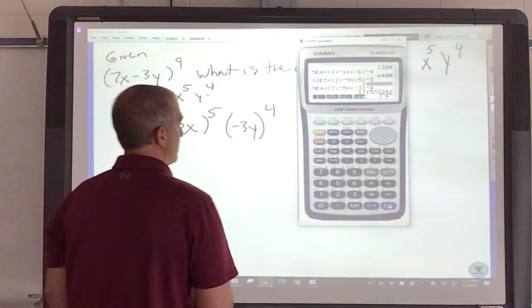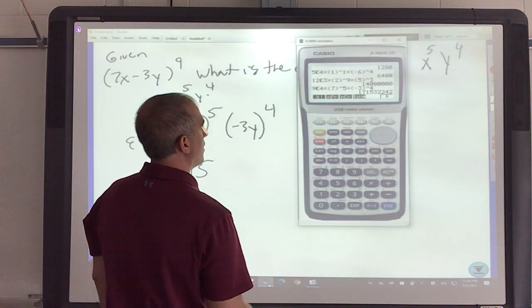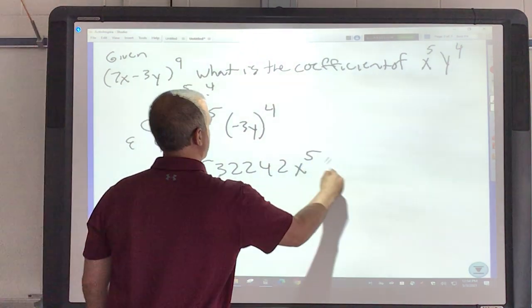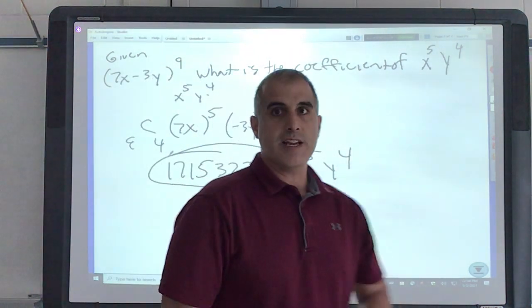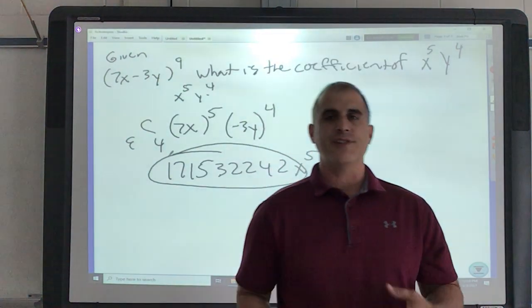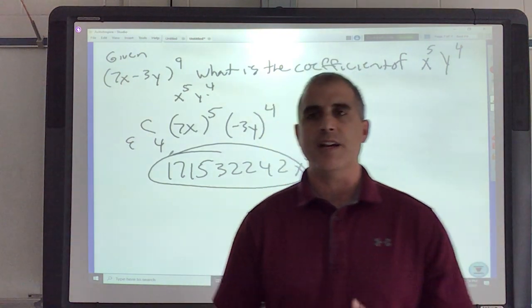Okay, another really big number, 1715, 322, 42. x5 y4, okay? All I need is that, okay? So that is the binomial theorem, whether you're using Pascal's or whether you're using the combinations. There's a lot of calculator work, so make sure you watch yourself from making any silly mistakes.